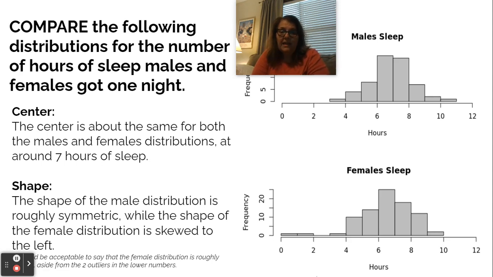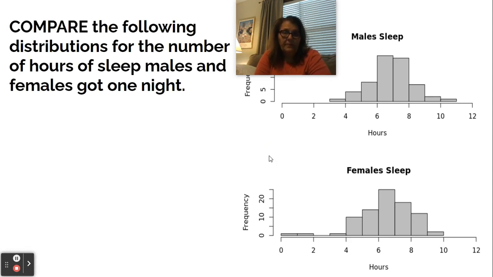So if you had taken those out, it would be roughly symmetrical. And that would be acceptable as long as you pointed out that you are taking out the two outliers. Okay? Notice that I'm talking about both, and notice I'm comparing both as well. I'm using comparative language. Okay?